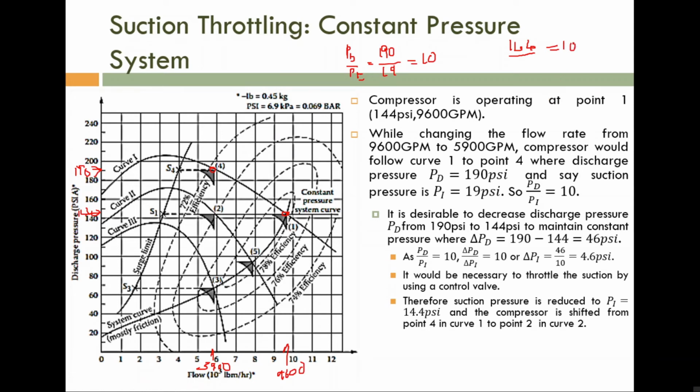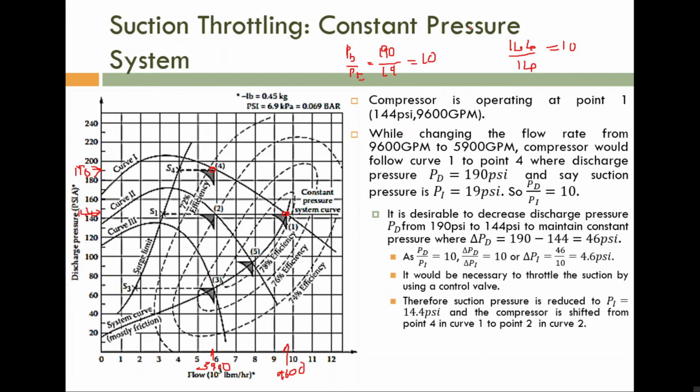So the question is, in order to maintain the compressor discharge pressure at 144 psi, what can we do? We can decrease the suction pressure. Am I correct? Is it okay, all of you? No response. Okay, very good.